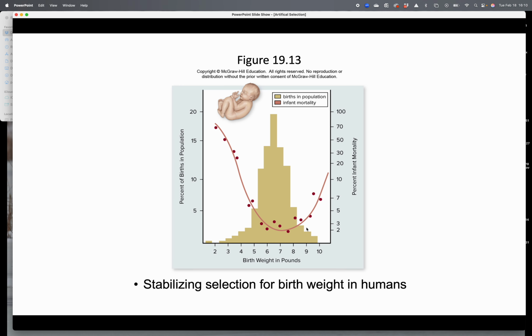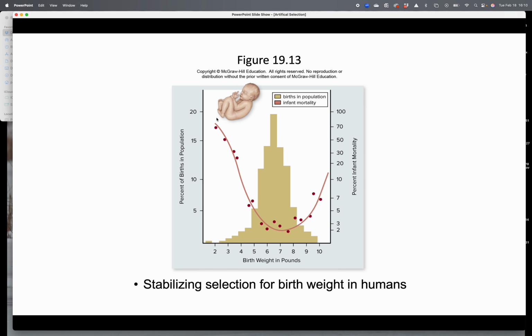So the ones that have the best chance of survival are these babies that are clustered around the average birth weight, and this results in a distribution that is relatively narrow, but once again has its main mode at the kind of average birth weight, and this is characteristic of what you would expect under stabilizing selection.